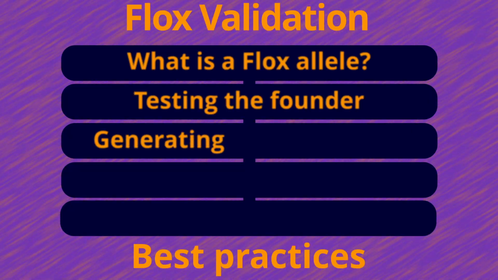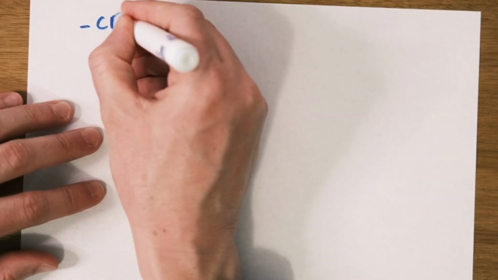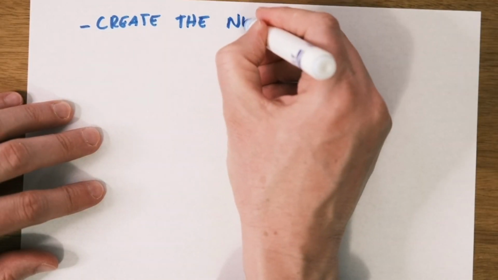Right, once you validated your founder, the next thing you want to verify is that you can actually generate the null allele. Here is what you need to do. So what we want to do here is to create the null allele.